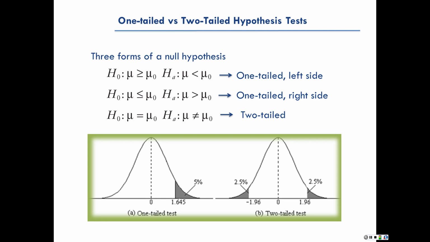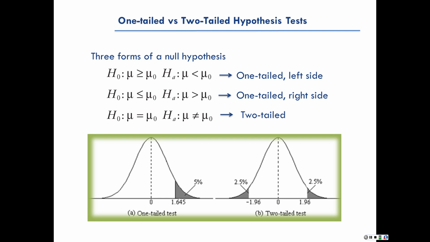But there are also one-tailed tests. And this is where we actually are specifying a direction for the null hypothesis and the alternate hypothesis. And so the one-tailed left side test is where we're saying in our alternate hypothesis that we think the mean value is less than some specified value.